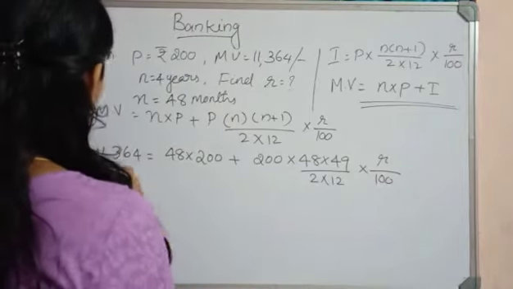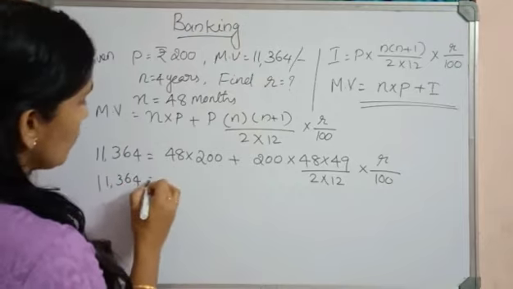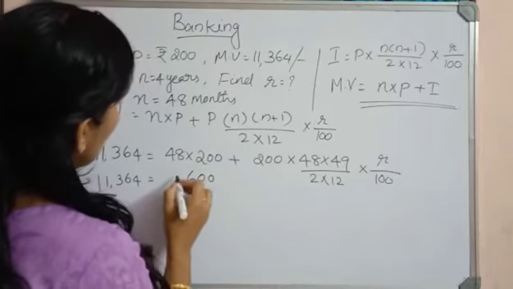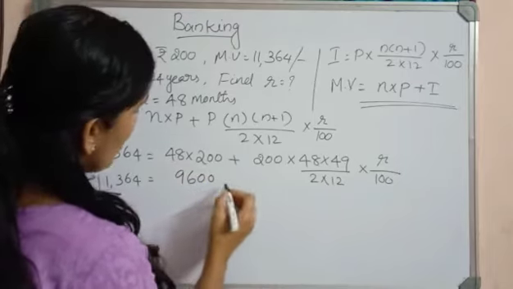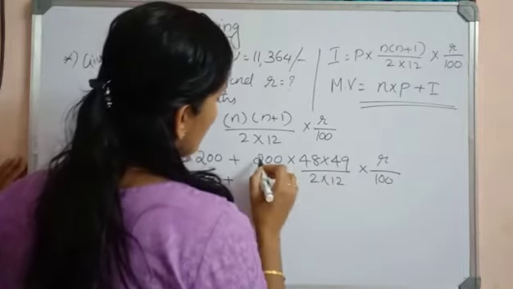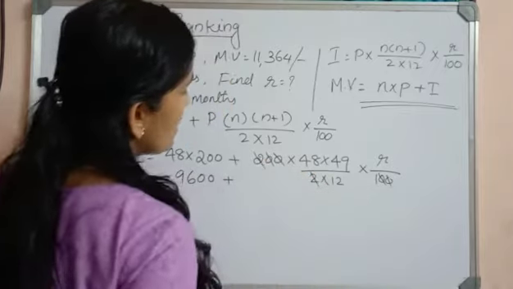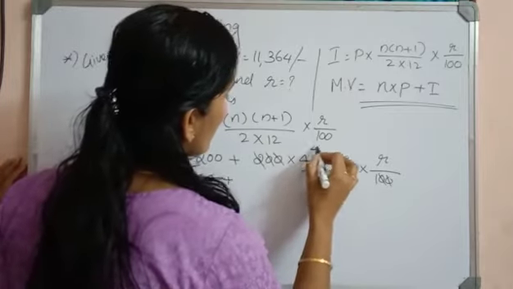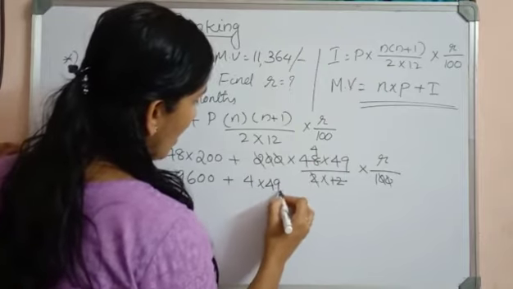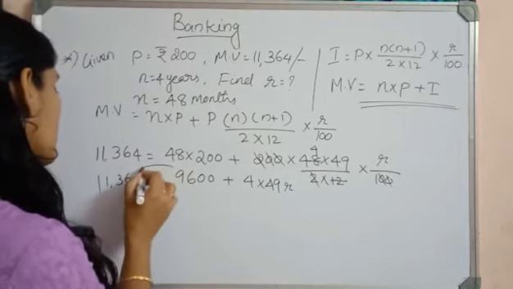Now let's simplify this. 11,364 is equal to 48 into 200, which is 9,600, plus the simplification here: we can cancel the zeros with 100, and the 2 and 2 cancel, and this one will be 4. So 4 into 49 r. We need to bring this 9,600 to the other side.